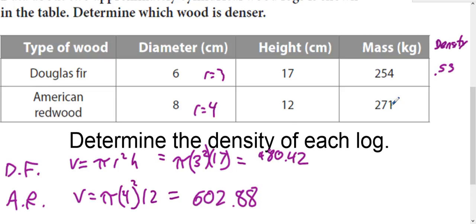So 271 divided by the 602.88, we get 0.45. So determine which wood is denser, more dense, bigger value. 0.53 is more dense than 0.45. Douglas fir is more dense.